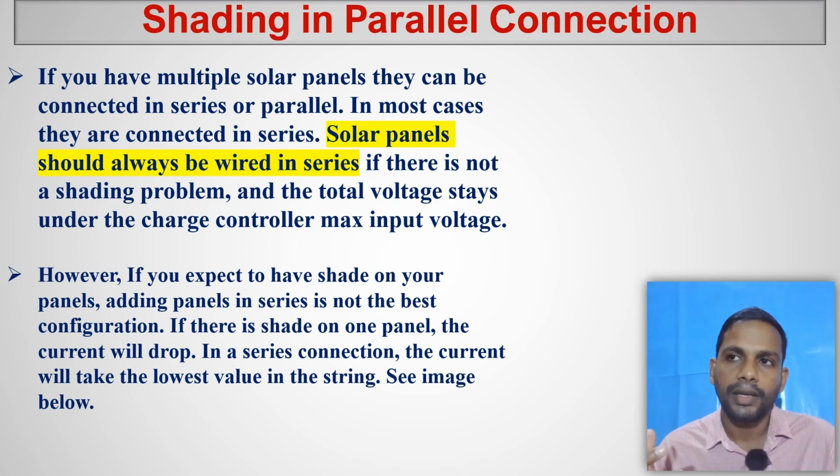Okay, so if you want a particular power rating, if you have more voltage, then the current will be reduced. Let's say you want 120 watts, and you have a 30 volt system, then 4 amperes is enough.